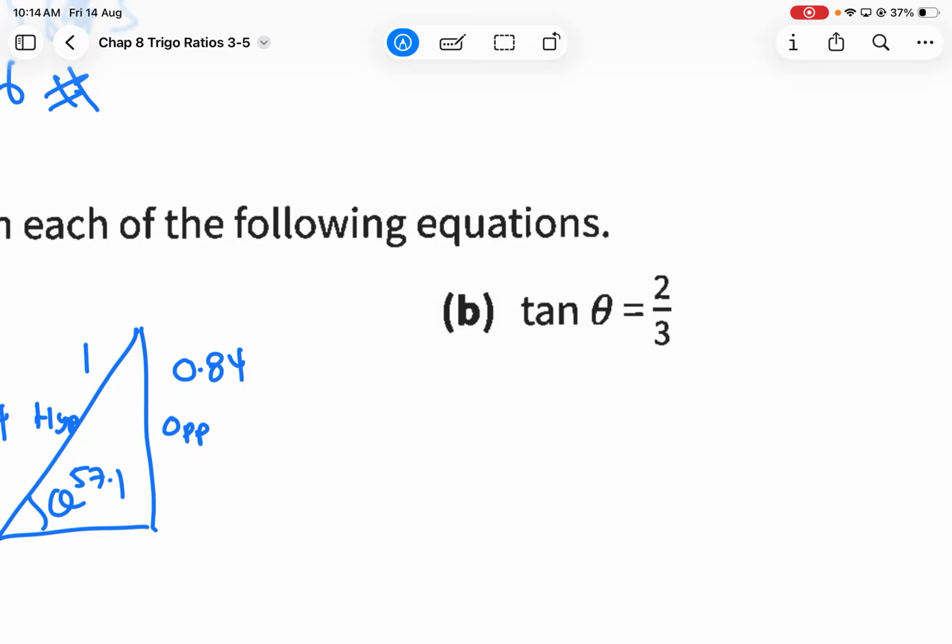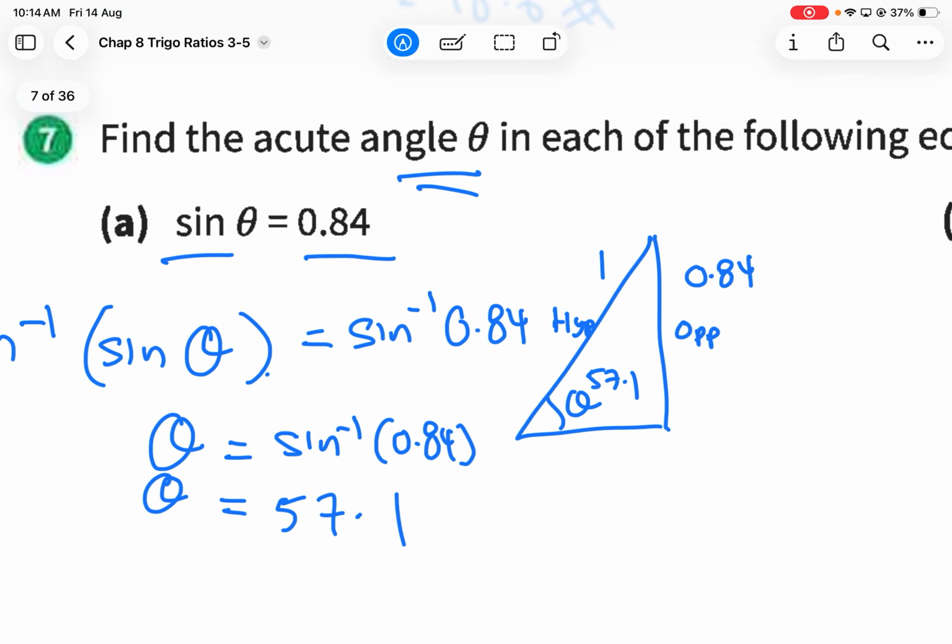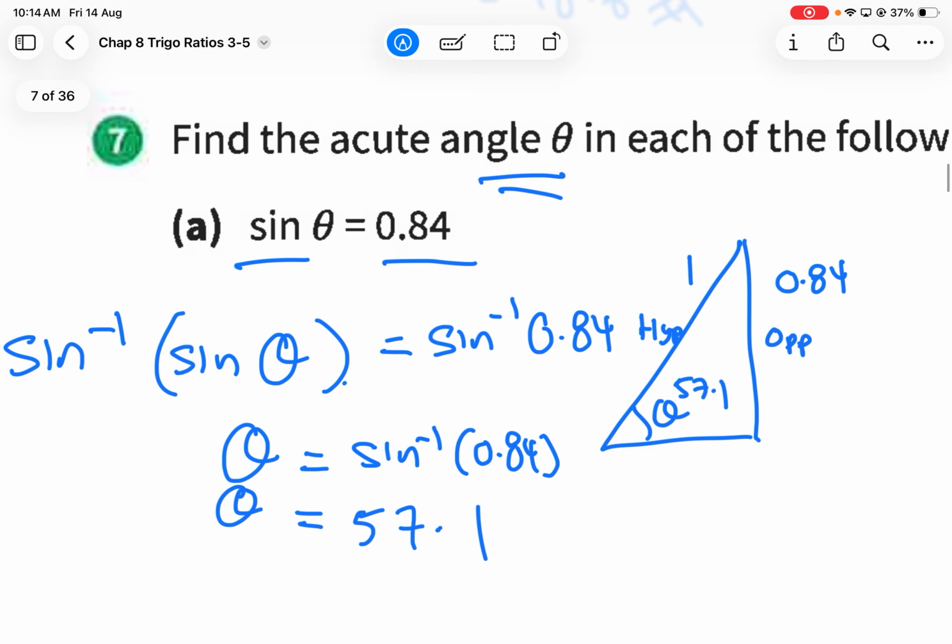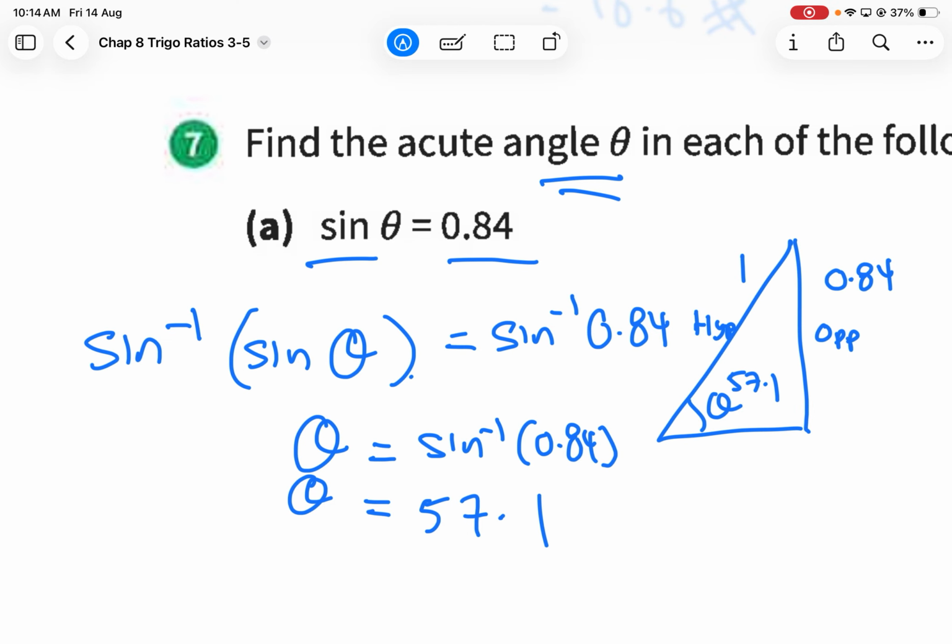What is sine? What is sine? Yes. You need the helper.